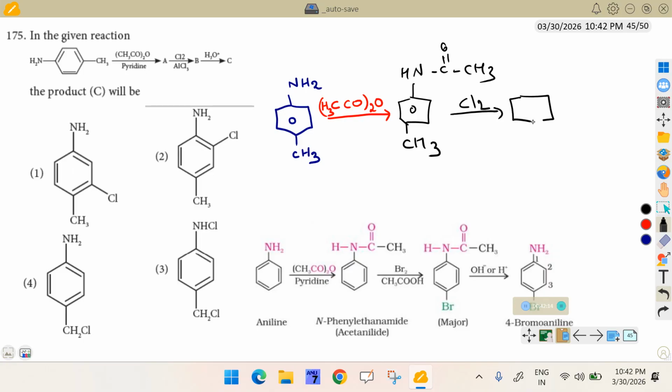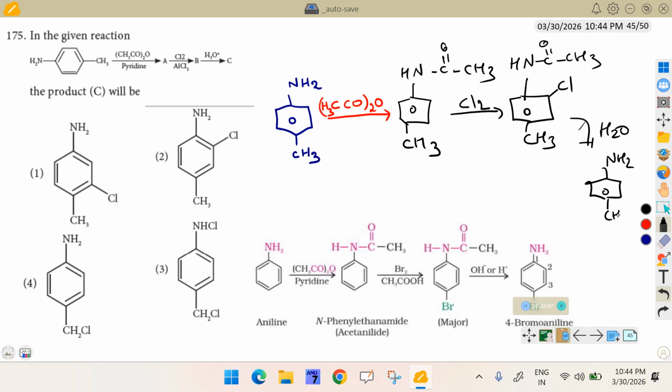Now nitrogen is an electron donating group, so chlorine substitutes at the ortho position. NHCOCH3, which on further hydrolysis gives NH2, CH3, Cl. The second one is correct.